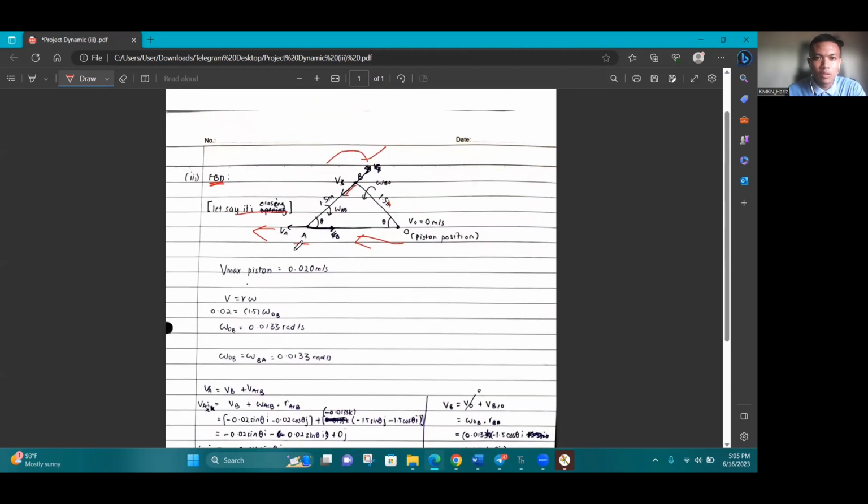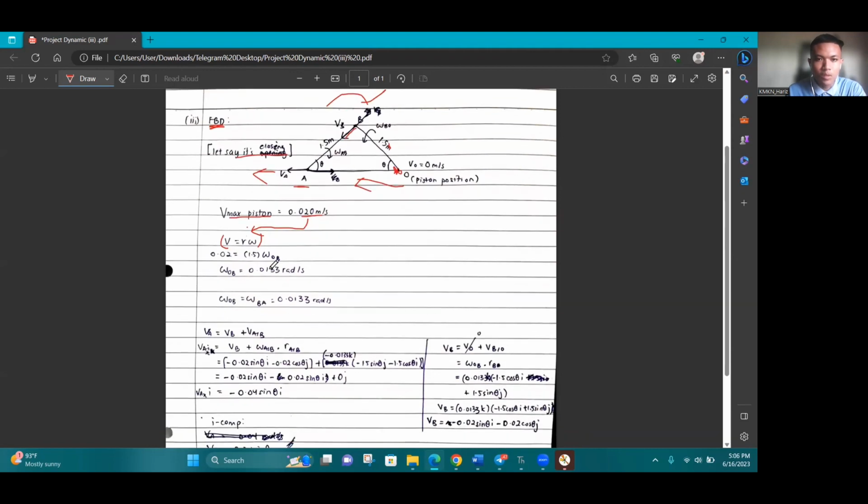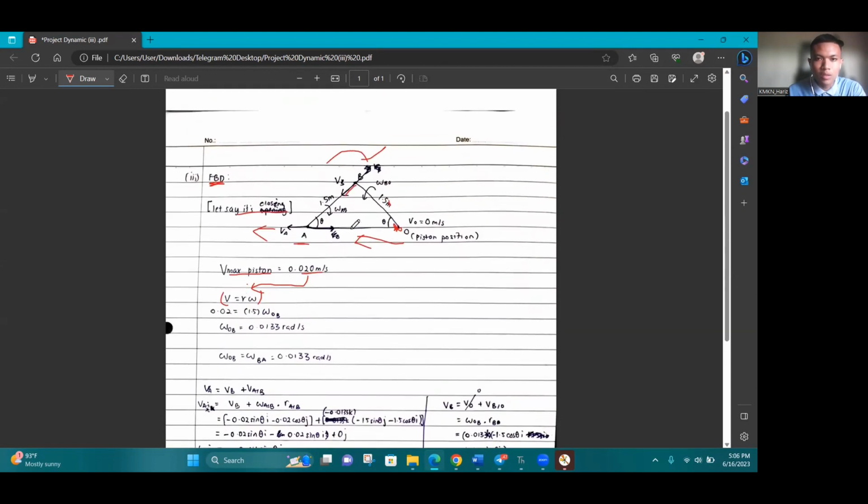So proceed to the information we have from the data of the gate, which is the velocity max of the piston. Basically the piston is here, 6.0. So the velocity is 0.02 meter per second. So we insert this into the basic equation, V equals R omega, and we took the omega of OB and the R of OB. The R of OB is 1.5.